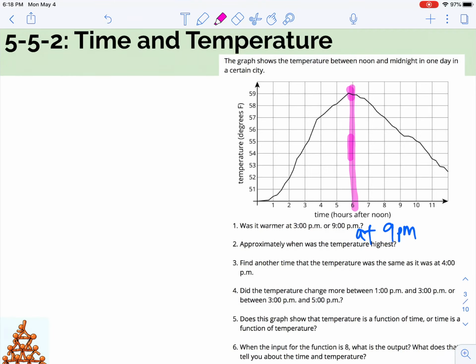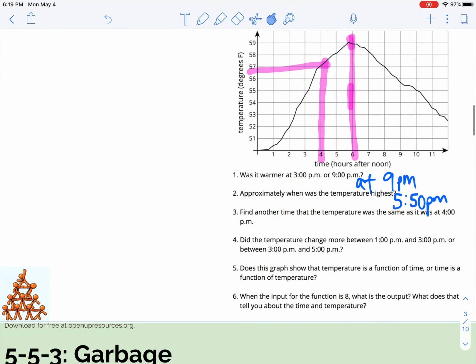So, I don't know, a little bit before 6, maybe you say something like 5:50 p.m. Find another time that the temperature was the same as it was at 4 o'clock p.m. So at 4 o'clock p.m., you're going to see that the temperature was this given amount, and then you're going to find somewhere else where it's that amount. And then try number 4 on your own.